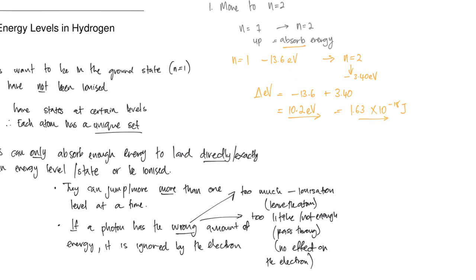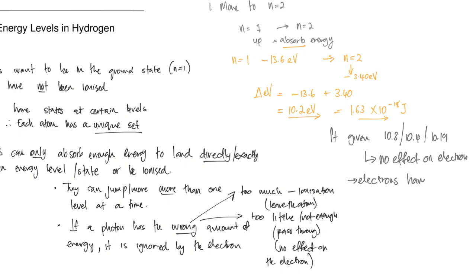Now, another thing that's worth noting is that if you were given 10.3 or 10.4 or even 10.19 electron volts, this would be no effect on the electron at all, because electrons have to be on a state.